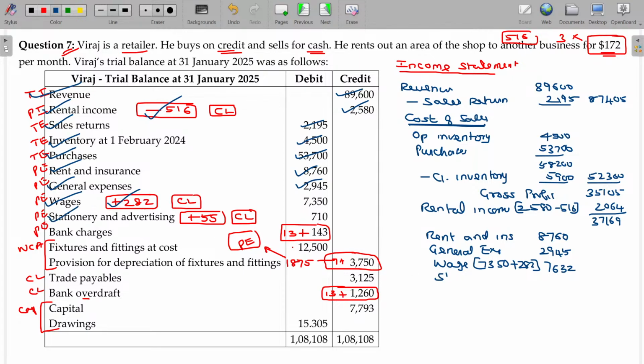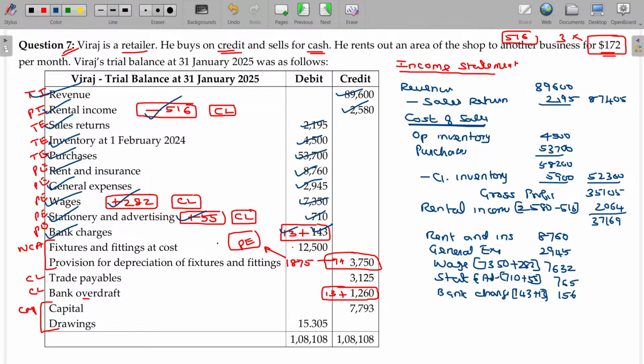Stationery and advertising, the value being 710, and you have to add 55 with this, 765. Bank charges, 143 plus 13, the value being 156.